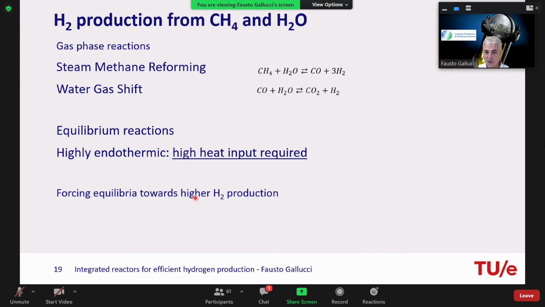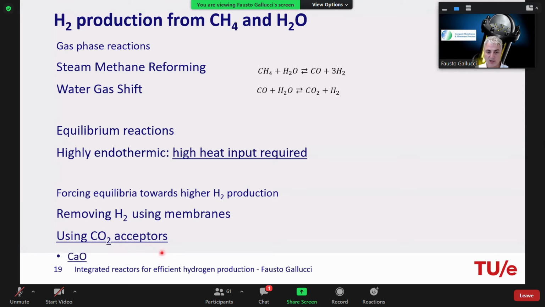To force the equilibrium towards hydrogen production, you can remove hydrogen, but what we discuss now is removing the CO2, and how you remove the CO2 with a solid, and the typical solid is calcium oxide. So if you have calcium oxide and CO2 in some concentration, then you produce calcium carbonate.